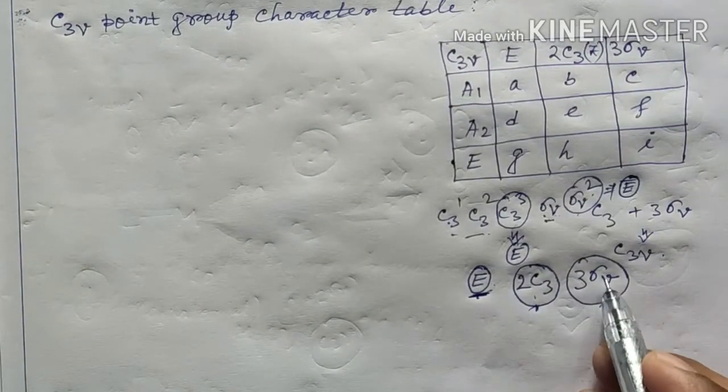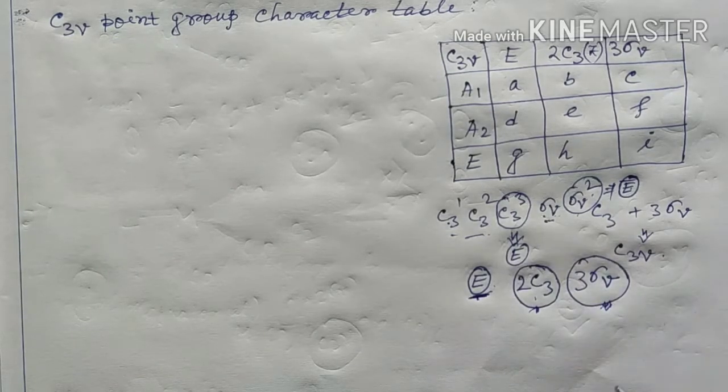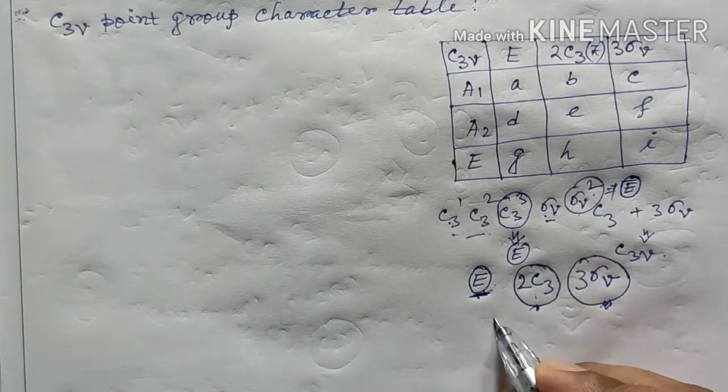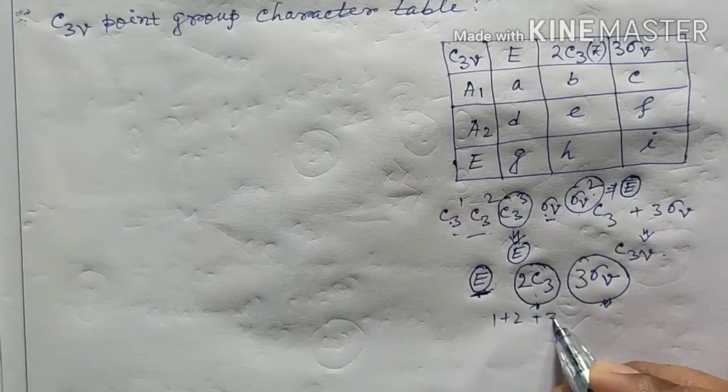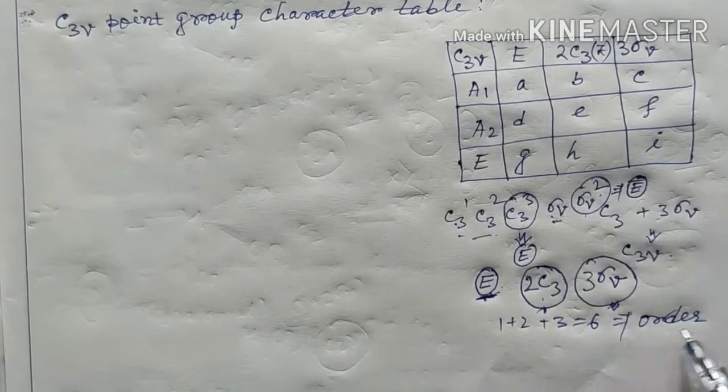The summation of these symmetry operations is equal to the order of the character table. That is, 1 plus 2 plus 3, 6 is the order of the character table of C3V.